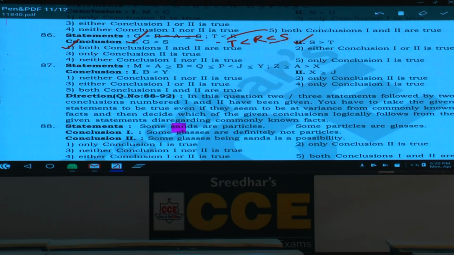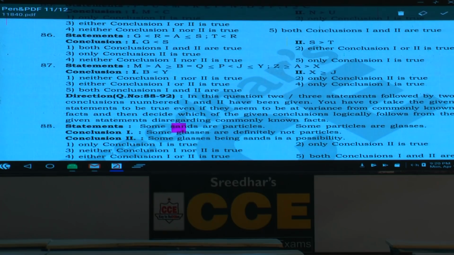Then 87. Now 87, the relation between B and Y. Y is here and B is here, tell me which symbol is common here? Lesser than. Hence B lesser than Y definitely true. And the next one, X greater than or equals to J. J is here and X is here, isn't it?